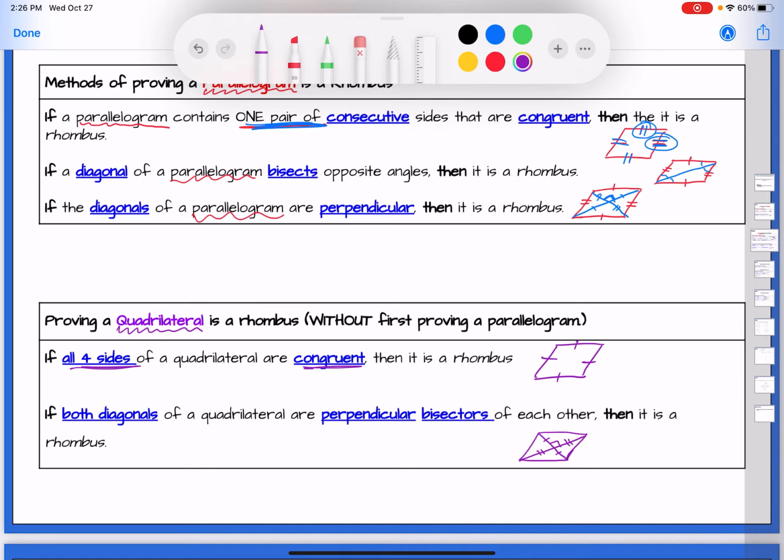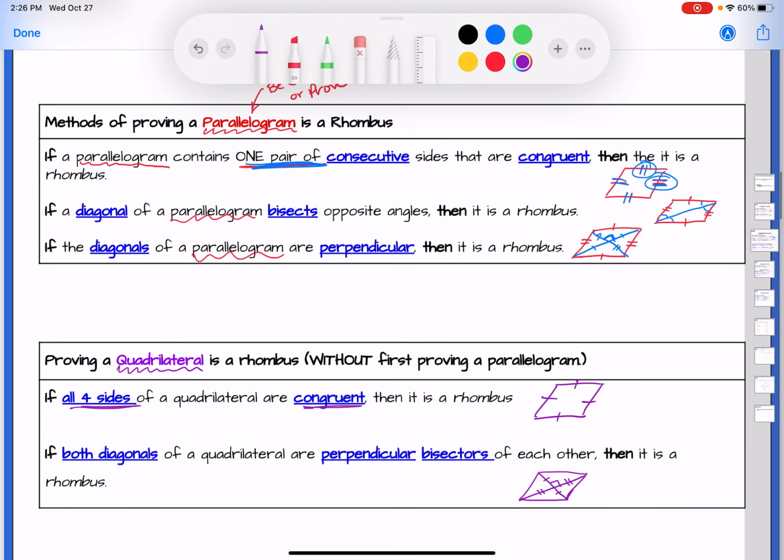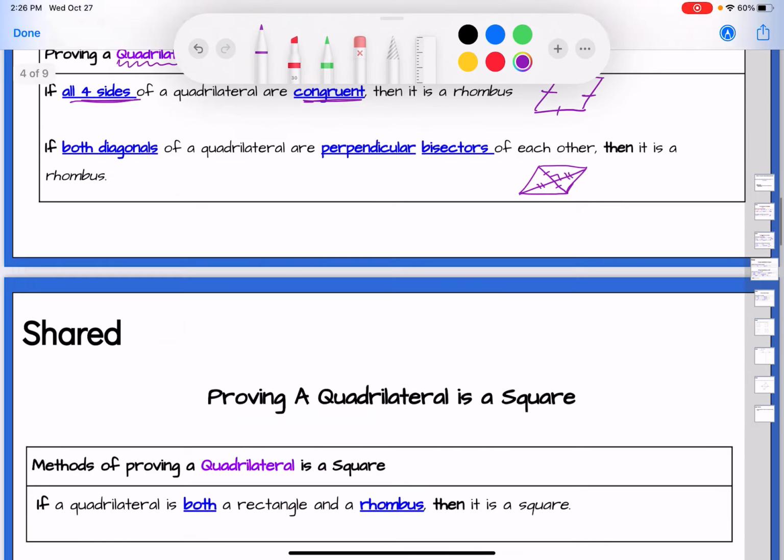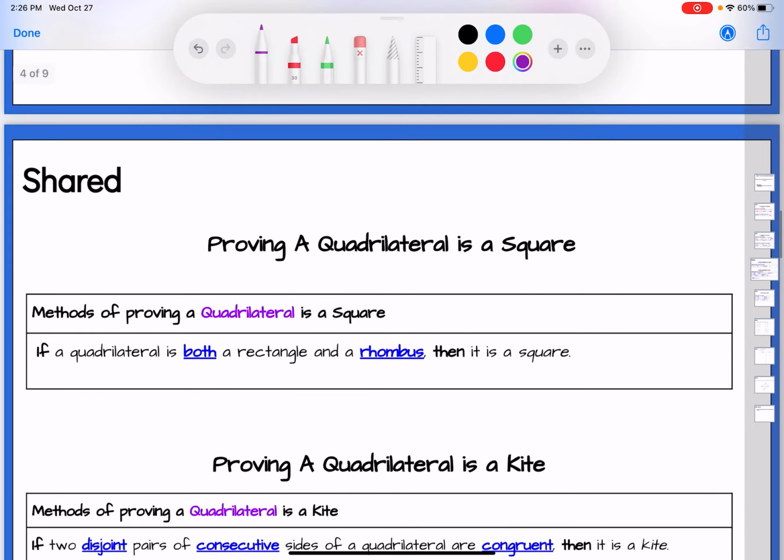So when it's both, that rules out kite, and it has to be a rhombus. So I have 2 methods to prove that a quadrilateral is a rhombus without using that it's a parallelogram to start with. So lots of ways to prove a rhombus, right? 3 ways if you know it's a parallelogram, 2 more ways if you don't even know it's a parallelogram, you're just starting from scratch. Okay, the next one is a square.